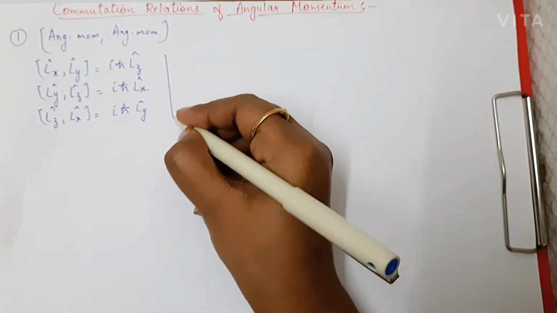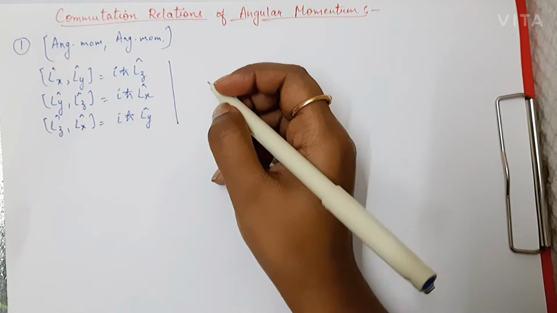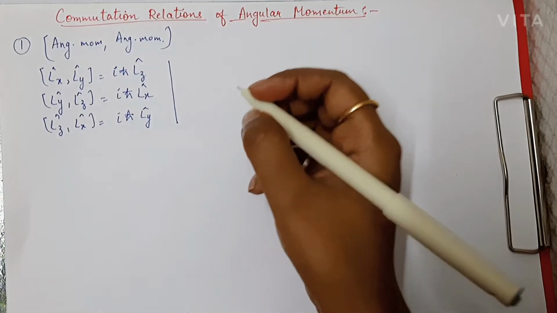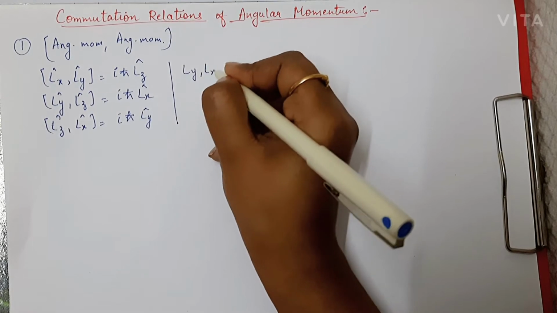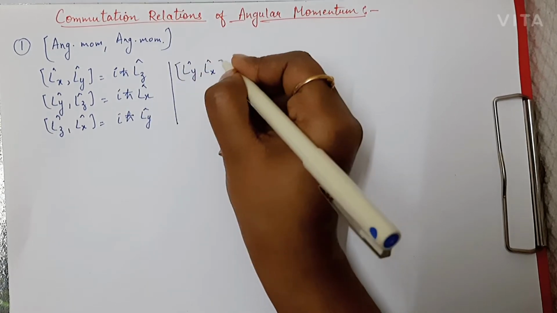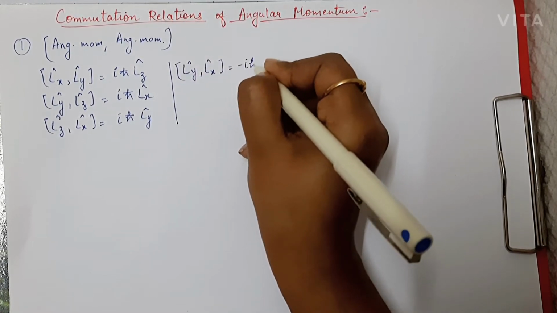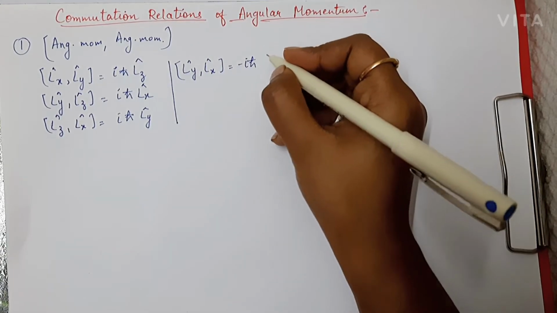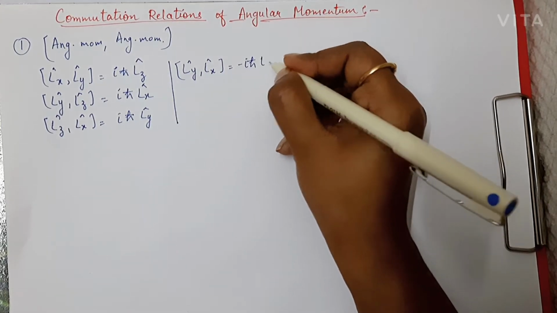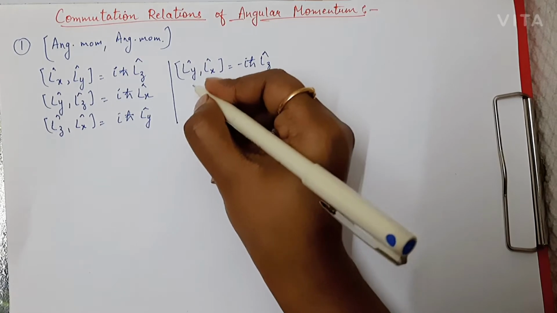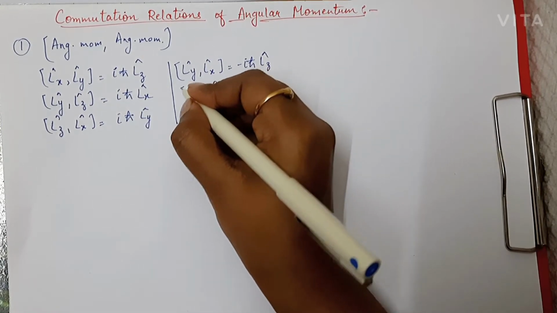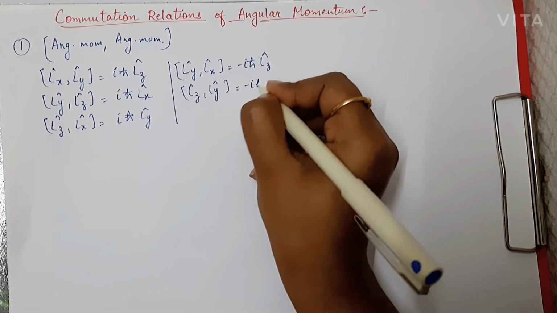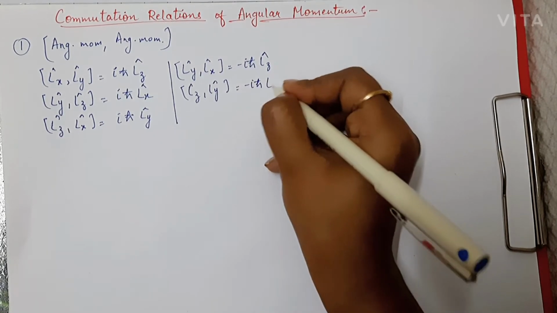Now, if you solve the opposite of them, for example Ly Lx, their commutation, then you just have to introduce a negative sign because commutator operators are anti-symmetric in nature. So it will be this. Similarly, Lz Ly will be minus iota h cross Lx.